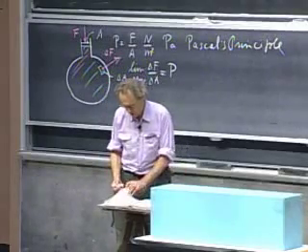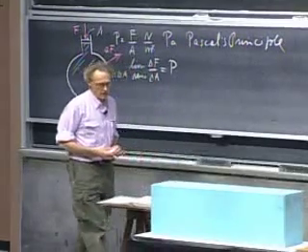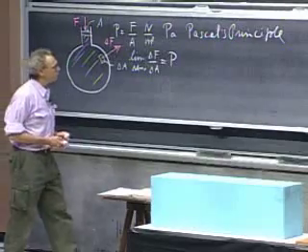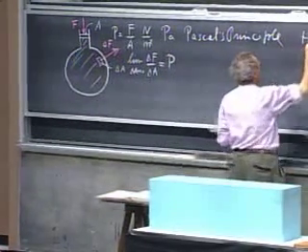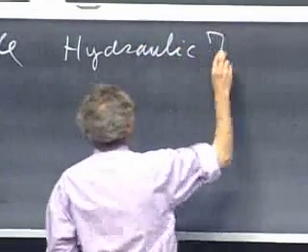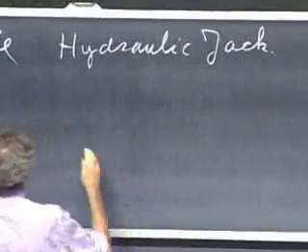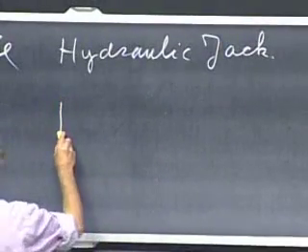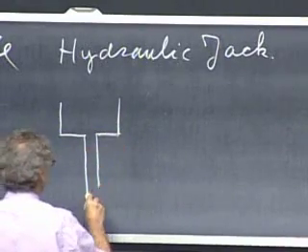This has some truly amazing consequences, which are by no means so intuitive. And this is the idea of an hydraulic jack. I have here a vessel which has very peculiar shape.